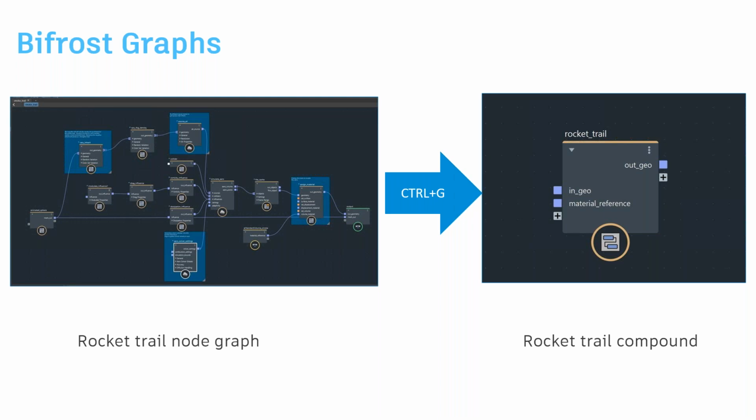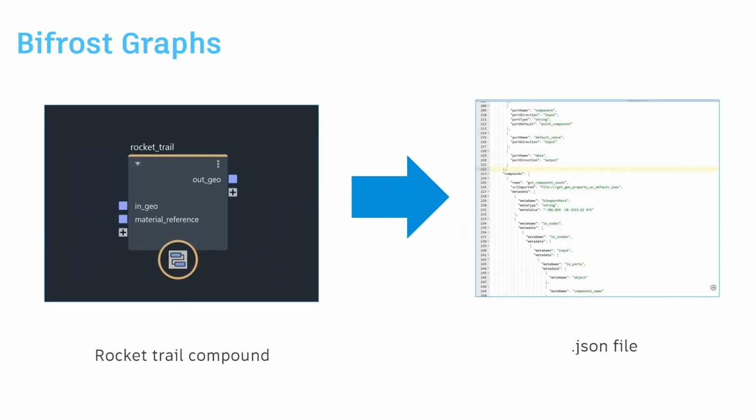So once an artist creates a Bifrost effect, it makes it really easy for the studio to share that effect across multiple shots and across multiple artists. It really makes it procedural in terms of the way effects are generated within Maya.